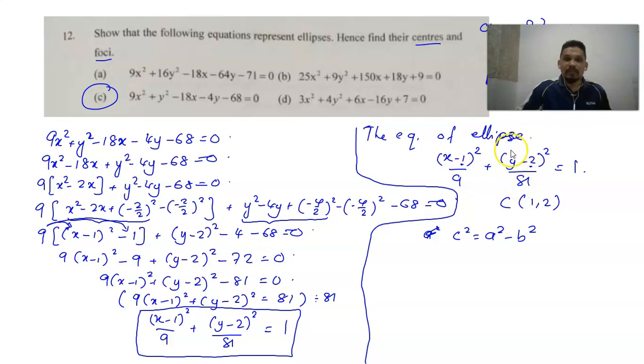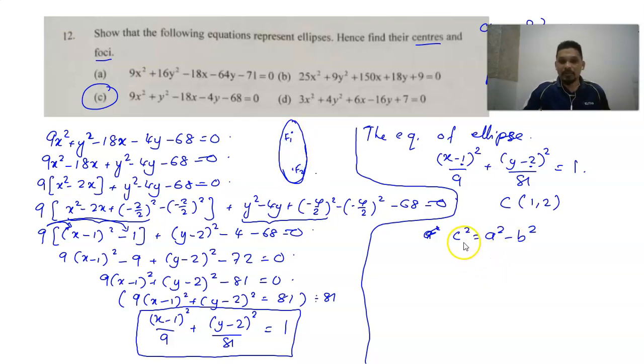So if I recall the rough picture, it is going to be a vertical ellipse, where Y is the major axis and the foci are somewhere around here, F1 and F2.